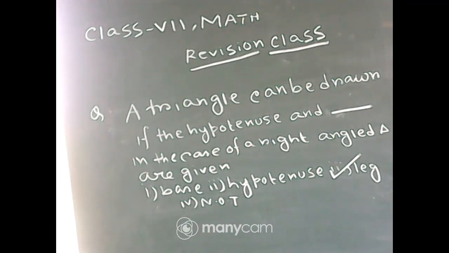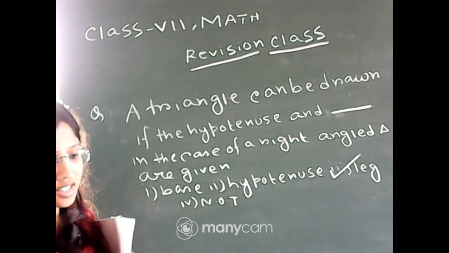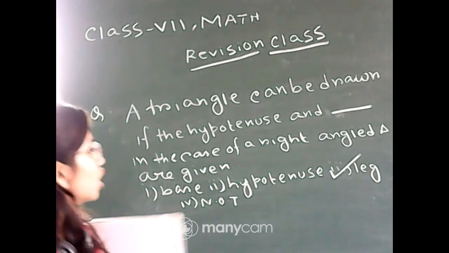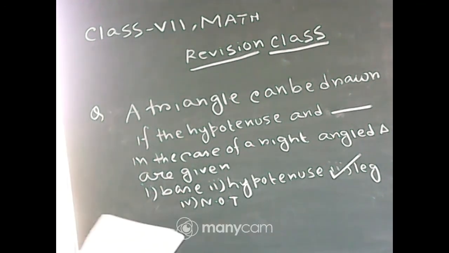That is, a right angle triangle can be drawn if the hypotenuse and a leg are given, and it is the RHS criterion.